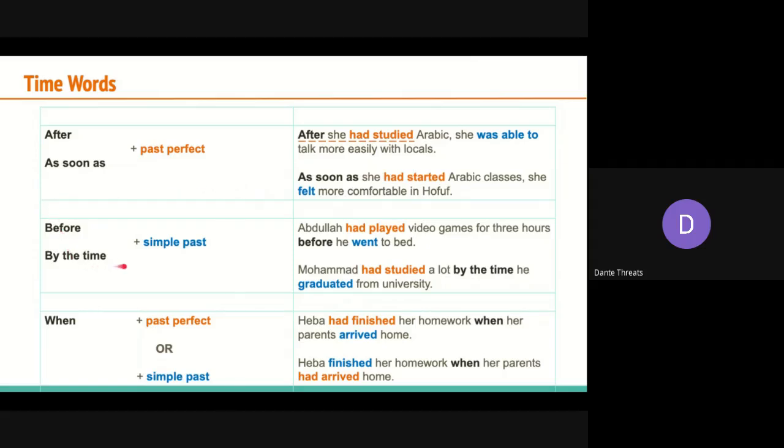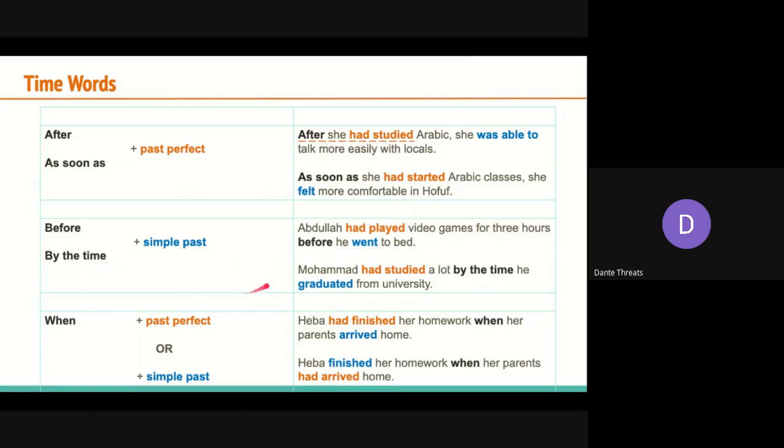Before or by the time plus the simple past. Abdullah had played video games for 3 hours before he went to bed. Okay. So in the dependent clause, Abdullah had played video games for 3 hours before he went to bed.